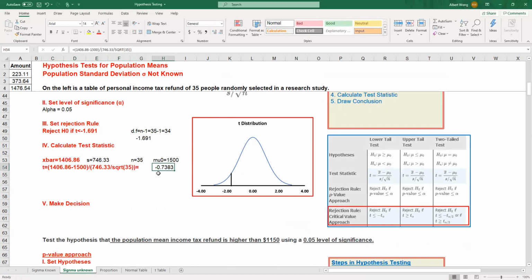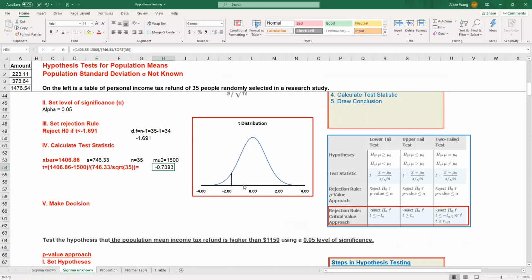The test statistic is negative 0.738. So our rejection region is, we reject H0 if t is less than negative 1.691. So this is negative 1.691, and our test statistic is negative 0.738, which is here.